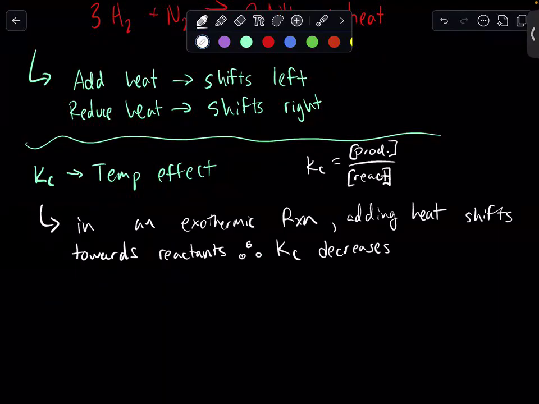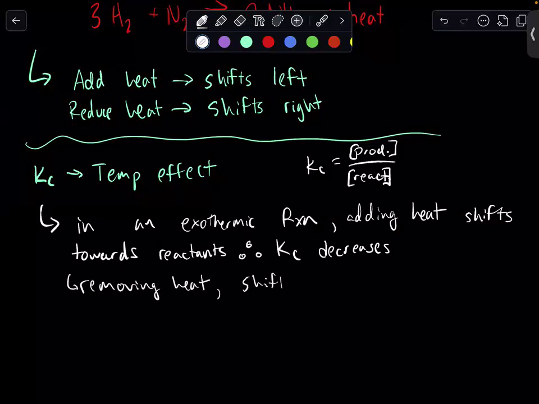So by increasing our reactants, decreasing our products, our Kc value will decrease. Furthermore, removing heat, we will shift towards products. Therefore, Kc increases.